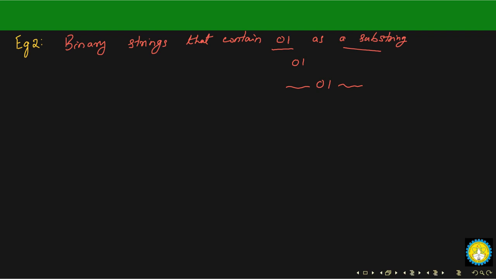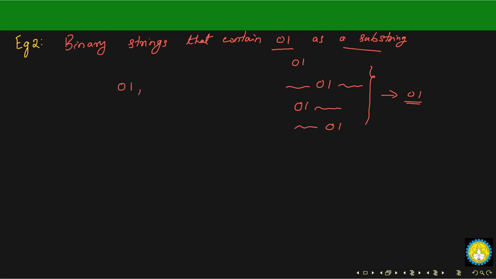And you can also have 0 1 followed by something else, or something followed by 0 1. So all these 4 varieties are strings having 0 1 as a substring. The minimum string containing 0 1 as a substring is 0 1 itself.